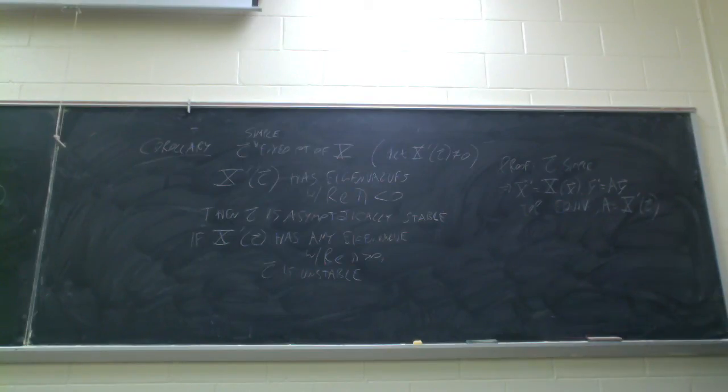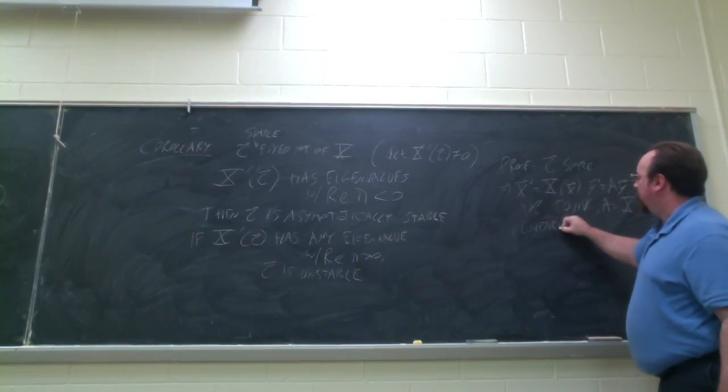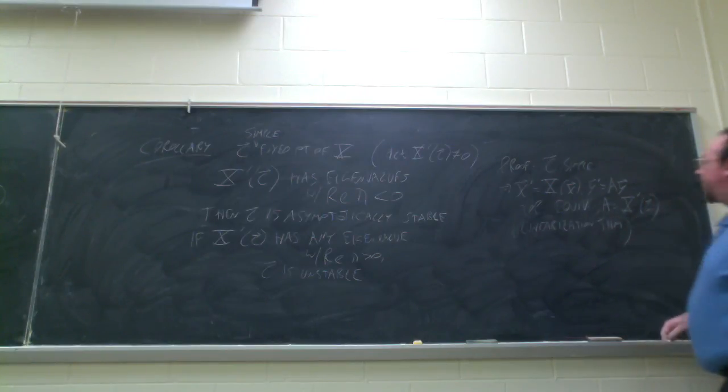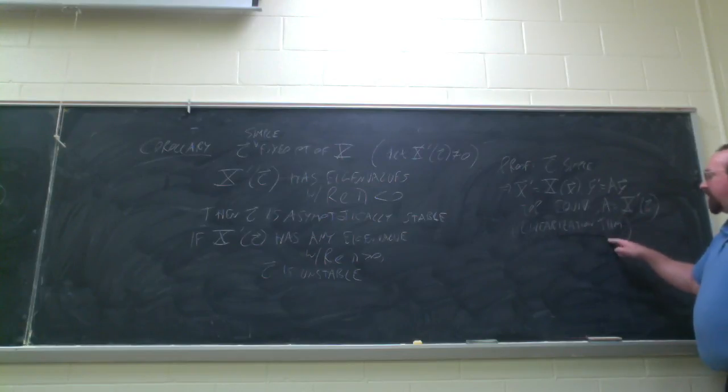So we need to make sure we've got the topological equivalence, and this is a consequence of the linearization theorem. If you don't have the condition of C being a simple fixed point, you might not have a topological equivalence, because I showed examples where you have non-simple fixed points, and the linear and nonlinear systems do not have the same character at all. So that's why the condition of C being simple is so important, so that the linearization theorem actually applies.